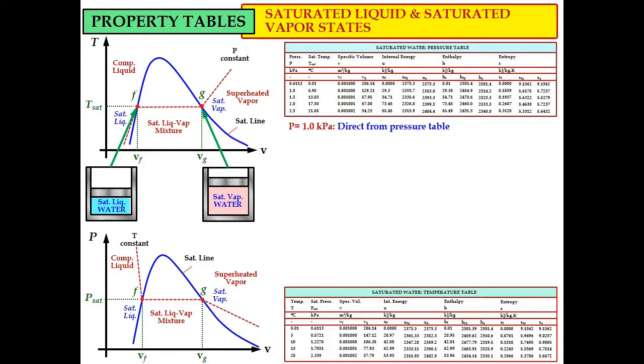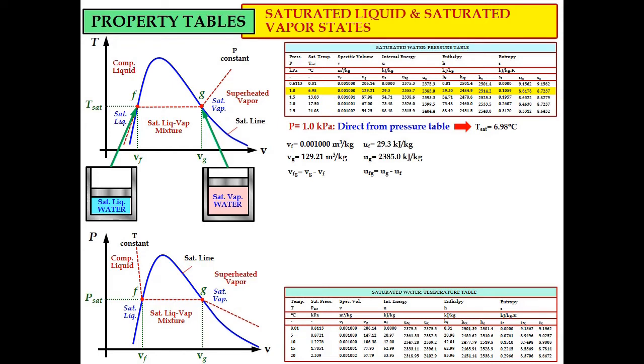We need to find the value for P equal to 1 kilopascal. From the table we can directly obtain the saturated temperature, which is equal to 6.98 degrees Celsius, and we will get the specific volume at the saturated liquid point and the saturated vapor point, vf and vg, and we can calculate vfg, which is vg minus vf.